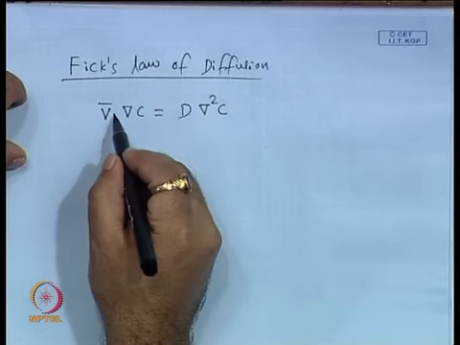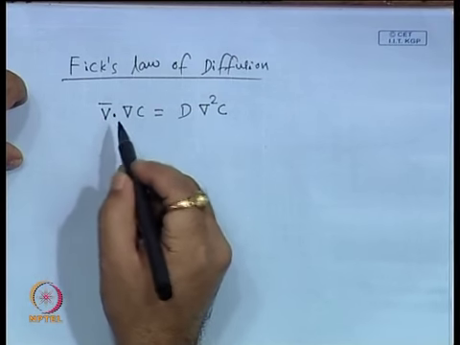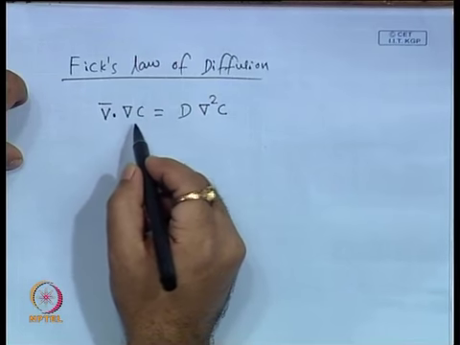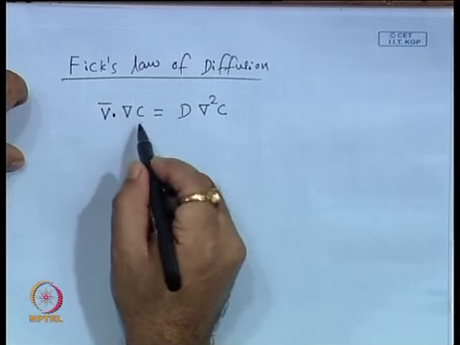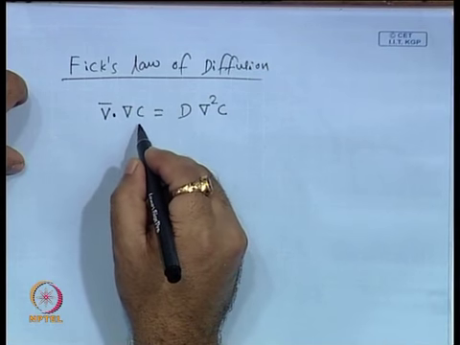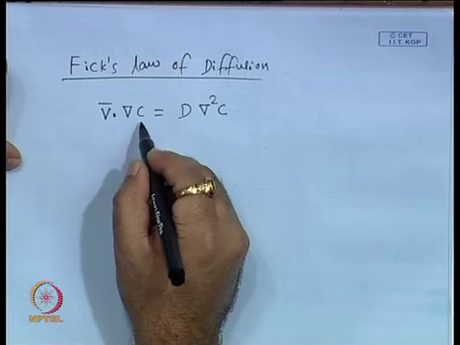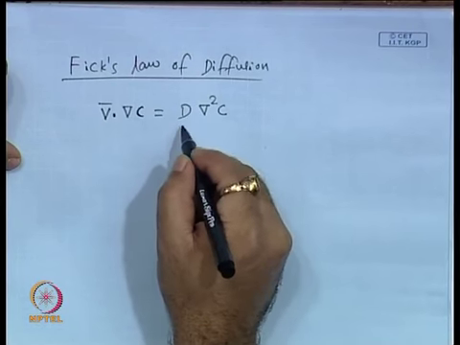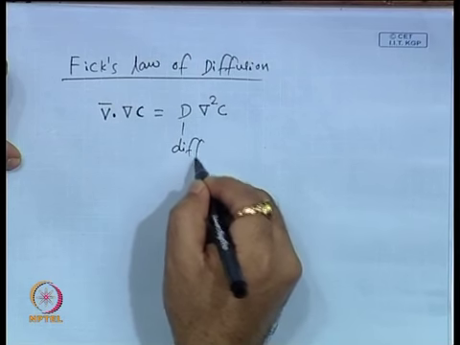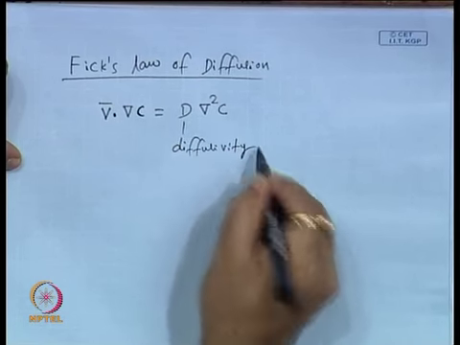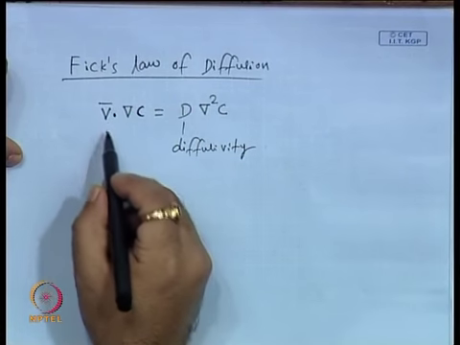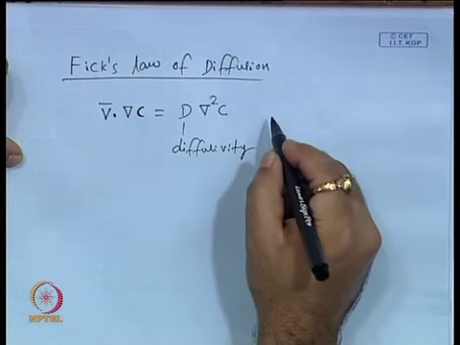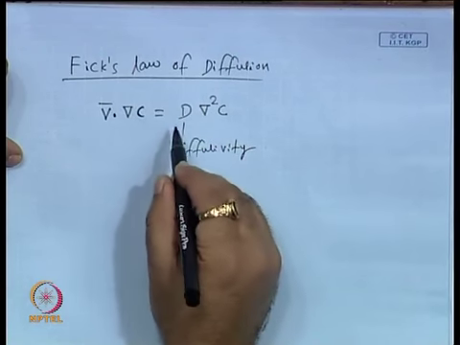If V is any flow quantity, say velocity, then V dot grad C equals D times del square C, where C is the concentration and D is the diffusivity. This is conservation of mass.